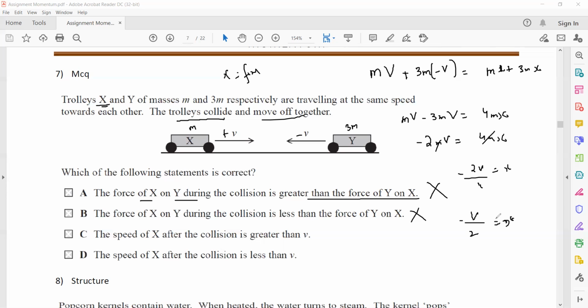So the final speed of the system will be half compared to the starting one. Which statement is correct? Statement D is the right answer. Is it clear? The combined speed of X and Y will be less than the initial speeds at which they were moving. It will become half of their initial speed.